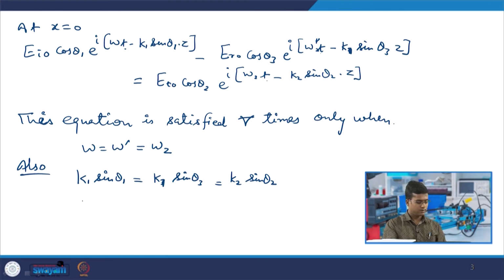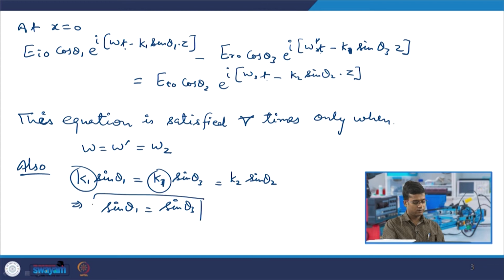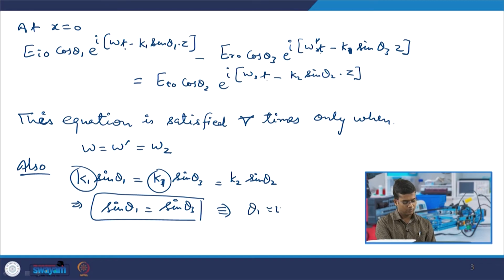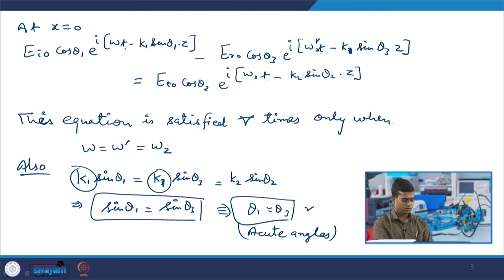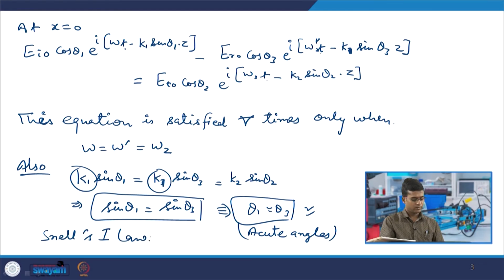That means, since it was k1, we will have sinθ1 = sinθ3, which is not always, but θ1 = θ3 for acute angles. We know that all are acute angles. So, this is true. It is Snell's first law, law of reflection.